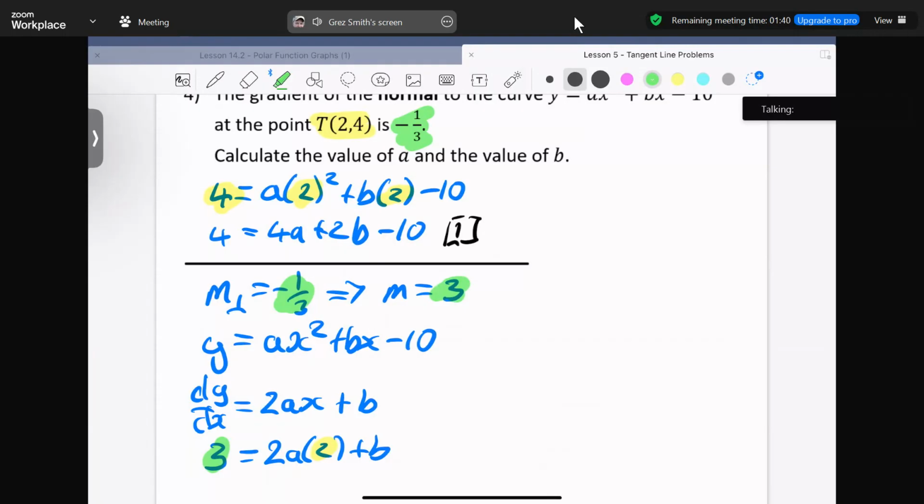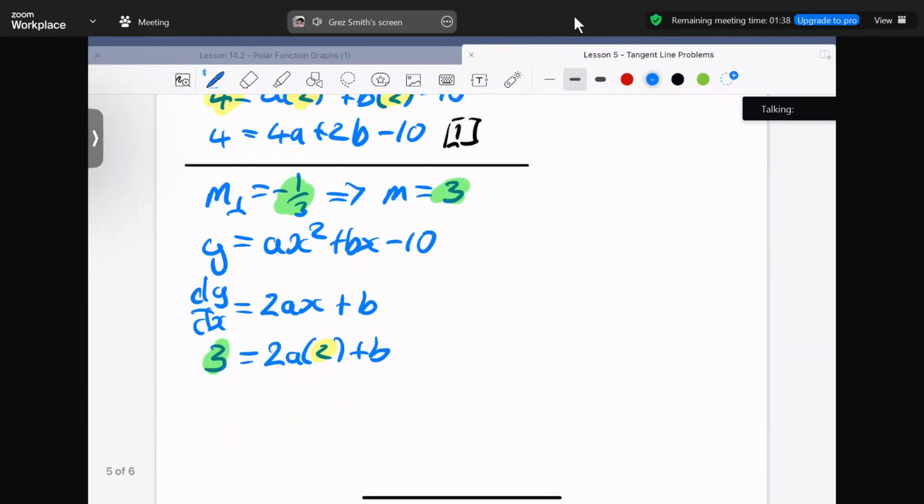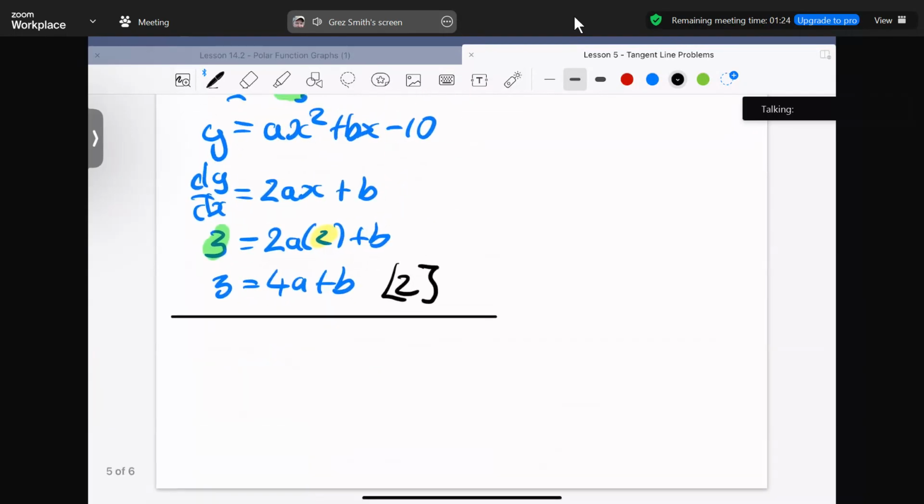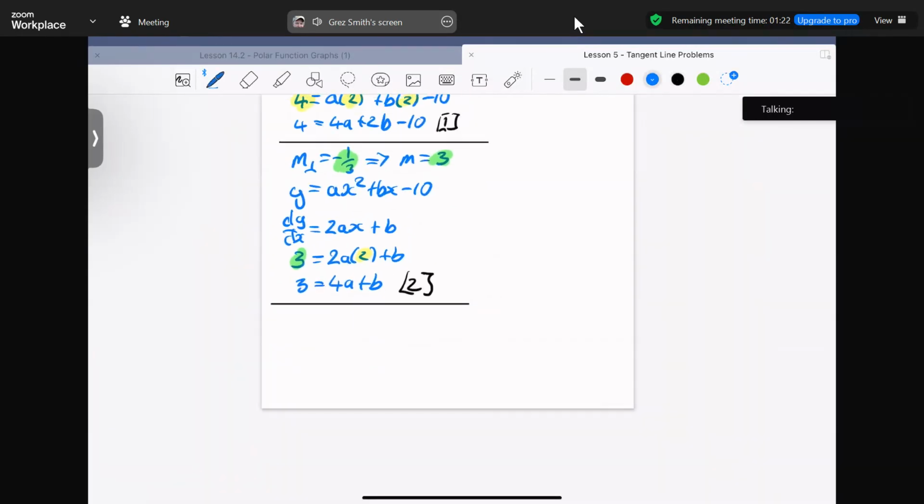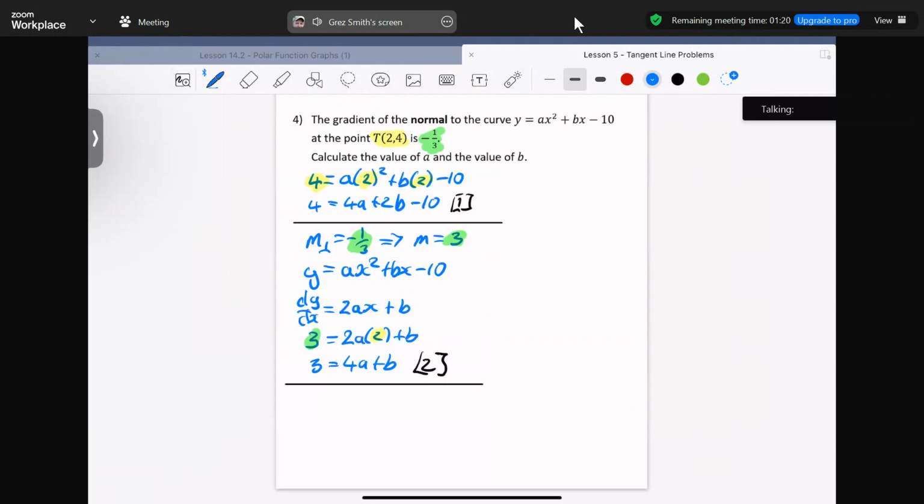So now we have our second equation. Don't pack up yet. 3 equals 4a plus b. And this is our equation 2. To get our answer, we want to make an equation system with these two.